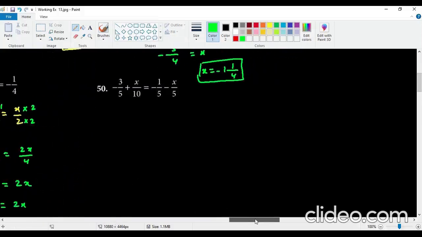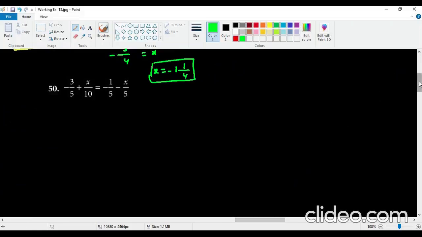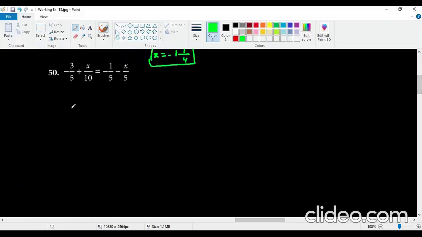In here we have fractions, and one with the variable and one with the numbers. So we'll keep together. So I will write x over 10, and I'll bring from the other side negative x over 5 and make it x over 5. And it is minus 1 over 5, and this is going to become plus 3 over 5.